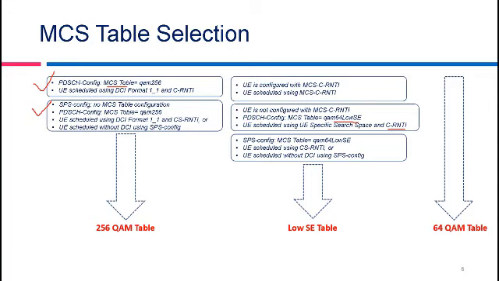And if we are not able to match the first case and the second case, then by default it can use the third table, which is the 64 QAM table.